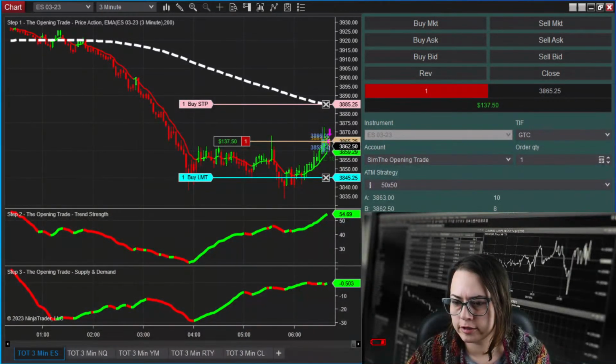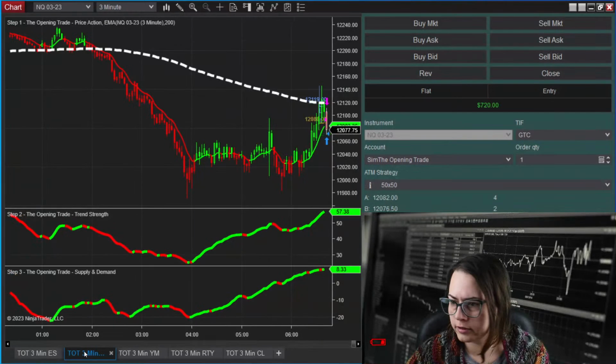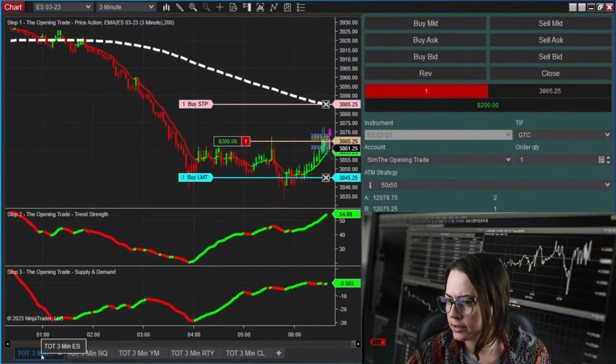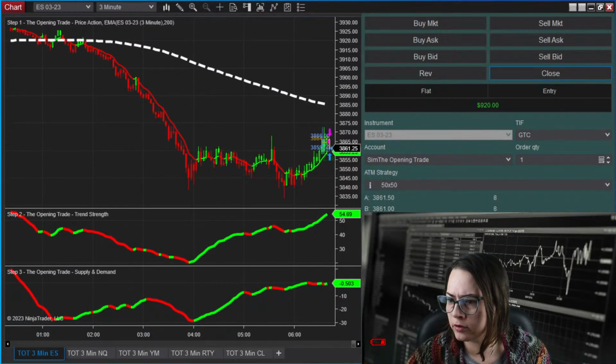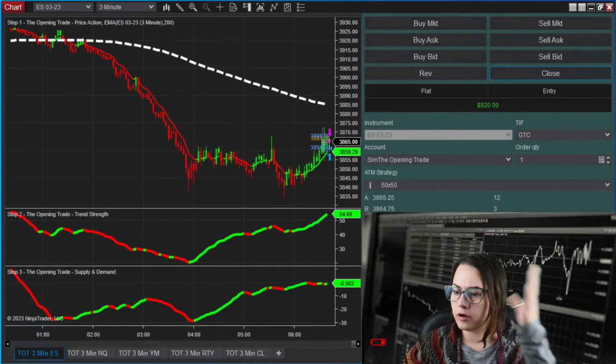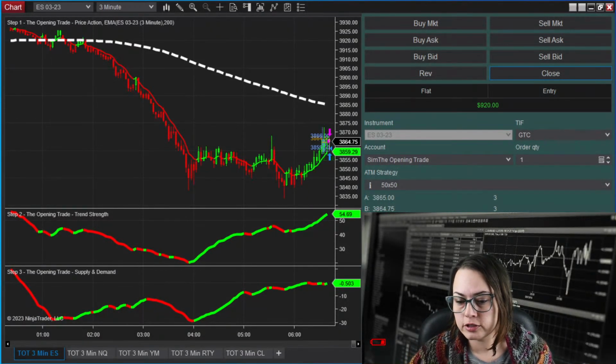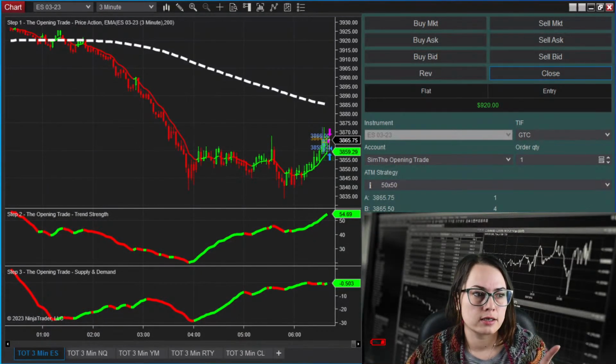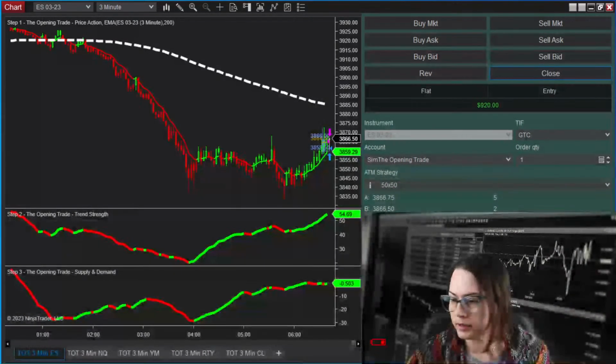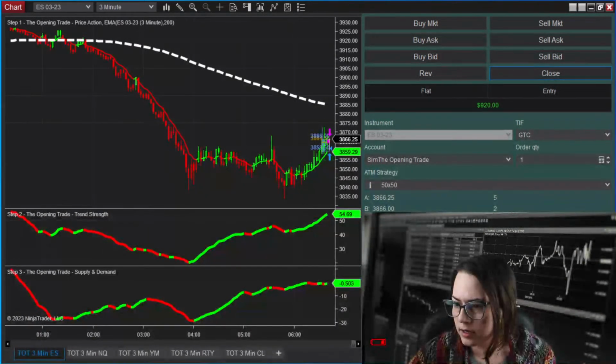Actually I saw 500, but I think that's adding the other trades. And here we go. Did all right. So I manually closed because I made sure that I could.